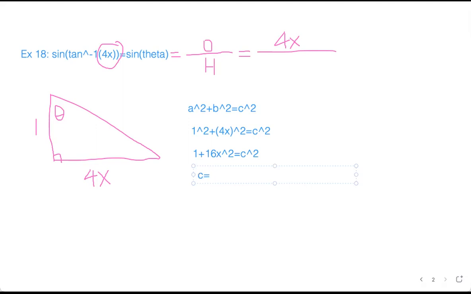Right, how do we get c? Great, so we'll have square root of 1 plus 16x squared.